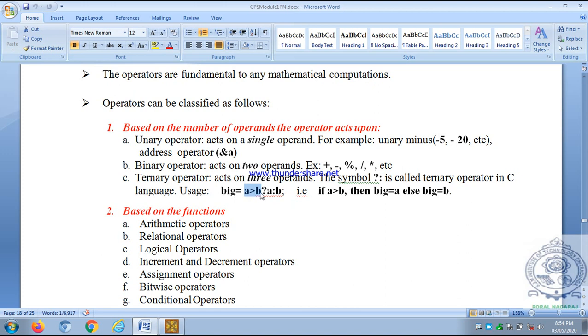If the condition is false, the content of variable b is copied into big. So if a is greater than b, then big is assigned a, else big is assigned b. Instead of writing this, we can simply write like this. This is the usage of the ternary operator. Let us discuss it in detail later.